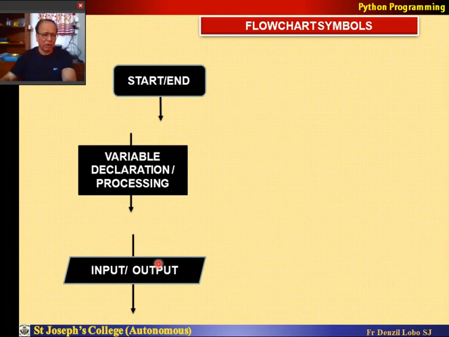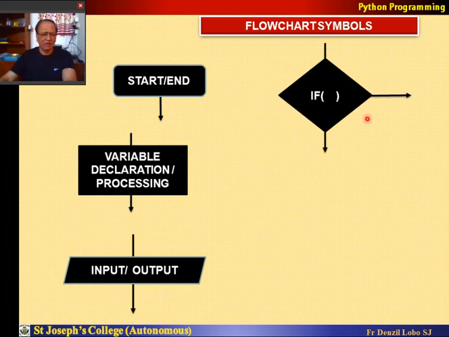This is for input output. Whenever I input some numbers or some strings or whatever information data, I need to use this symbol, this box, to input and output. And here this is the if condition, for the conditional statement. We have done that: if else, if elif else, etc.